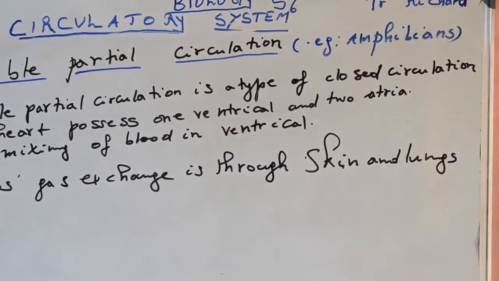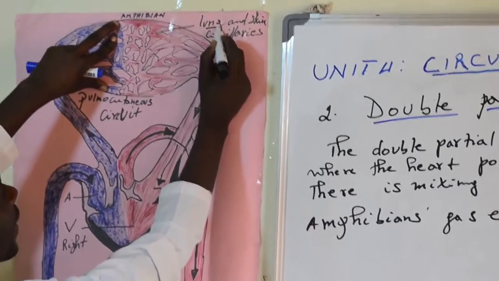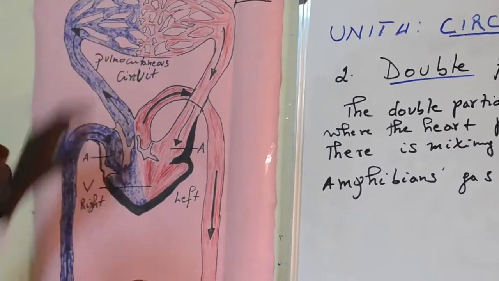That's why here, where blood gets oxygenated, I say there are lung and skin capillaries.